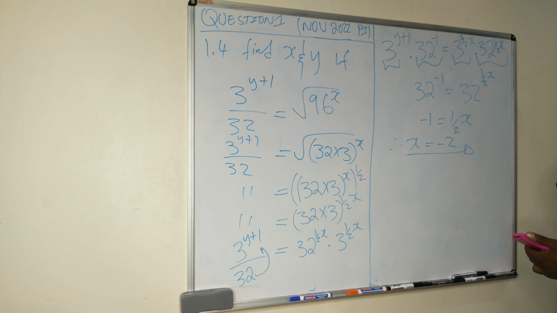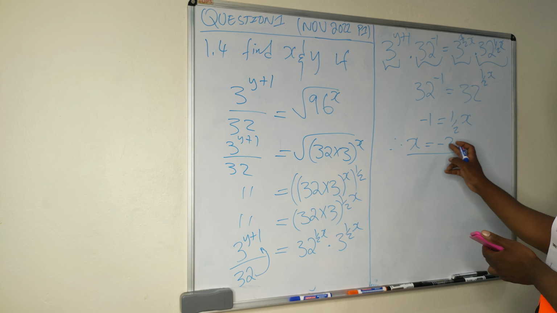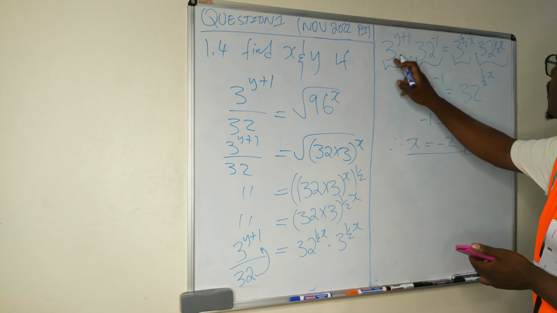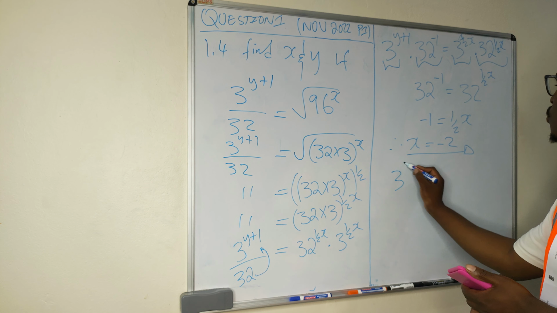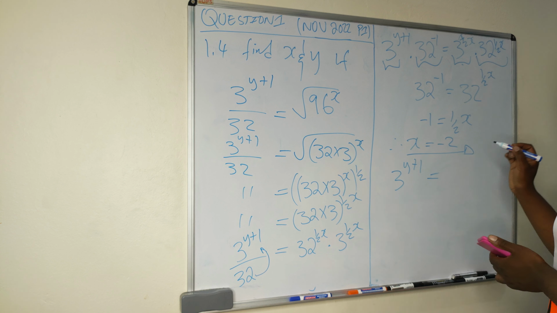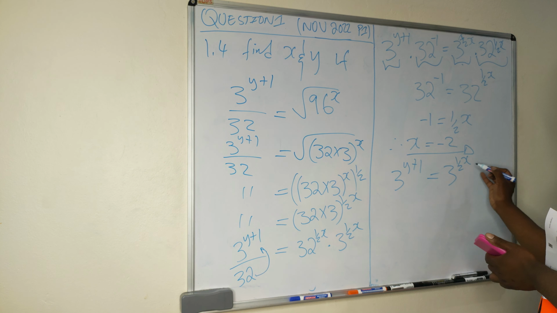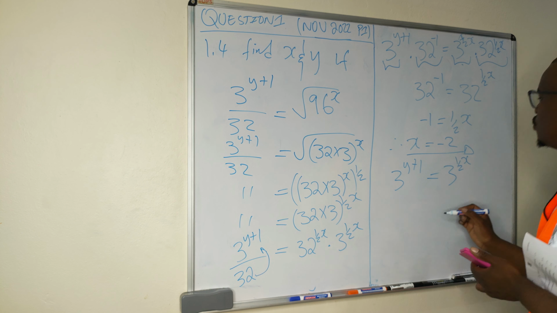Now that you have your x, x is equal to minus 2. Let's go to the 3 part now. 3 raised y plus 1 is equal to 3 raised 1 over 2x. But we have x equal to minus 2.